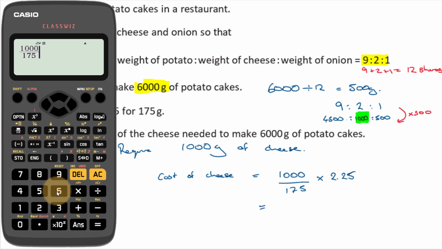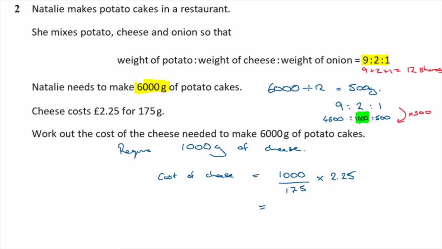So what's 1,000 divided by 175 times by 2.25? That comes out to be £12. It's a recurring decimal, but it's still going to round up, isn't it? It's going to be £12.86.